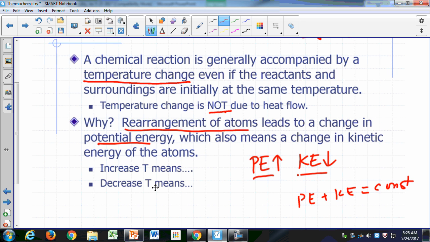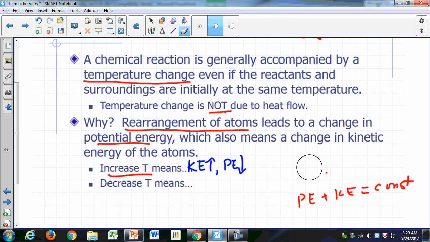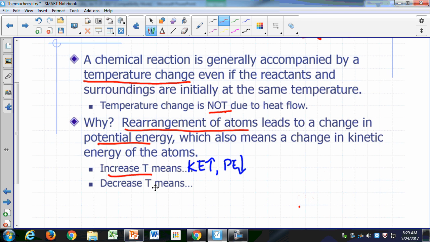So what does an increased temperature mean? An increased temperature actually means that the kinetic energy has increased, and that means the potential energy due to the rearrangement of the atoms has decreased. Okay? And a consequence of that is that heat will now flow out of the product mixture.